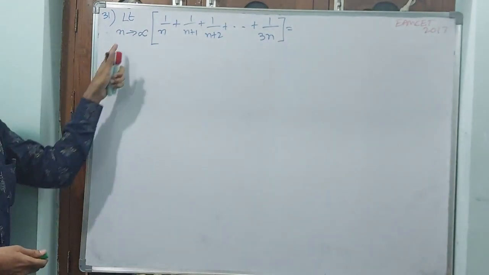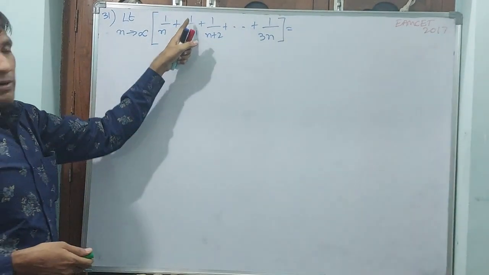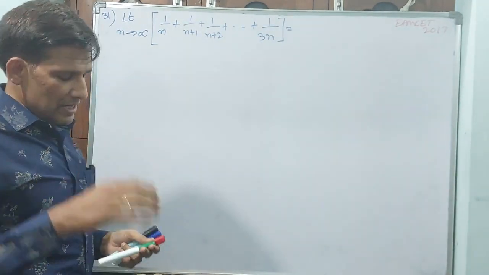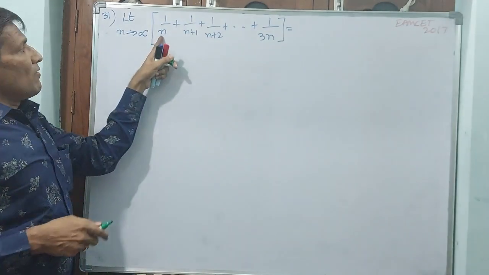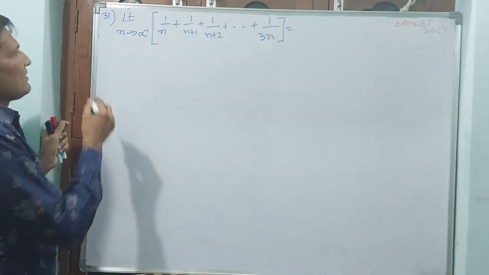Limit n tends to infinity, 1 by n plus 1 by n plus 1 plus 1 by n plus 2 up to 1 by 3n. Okay, see here what will happen. n to 3n is going in the denominator. How I am splitting is very important.